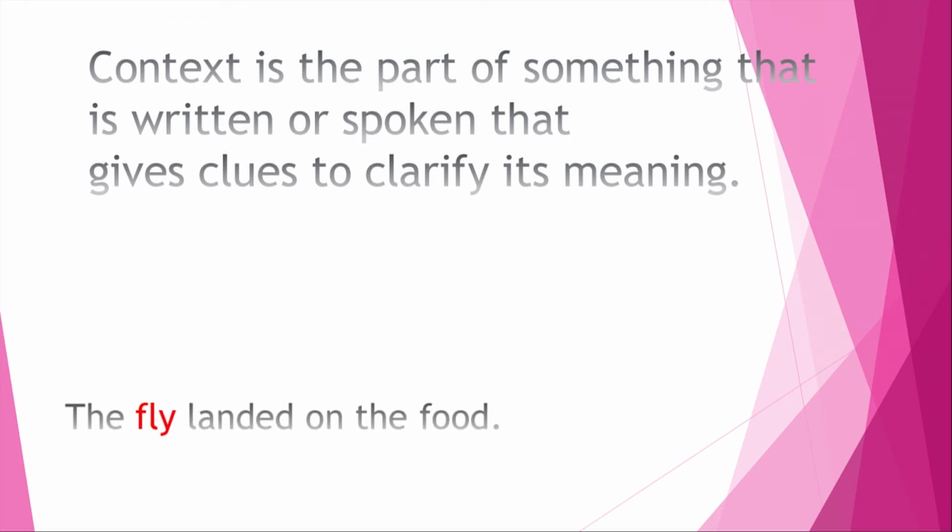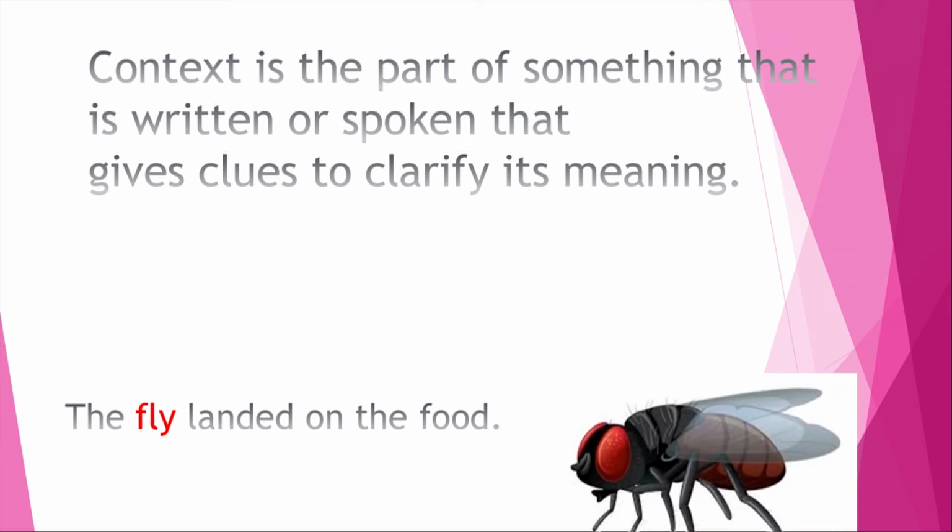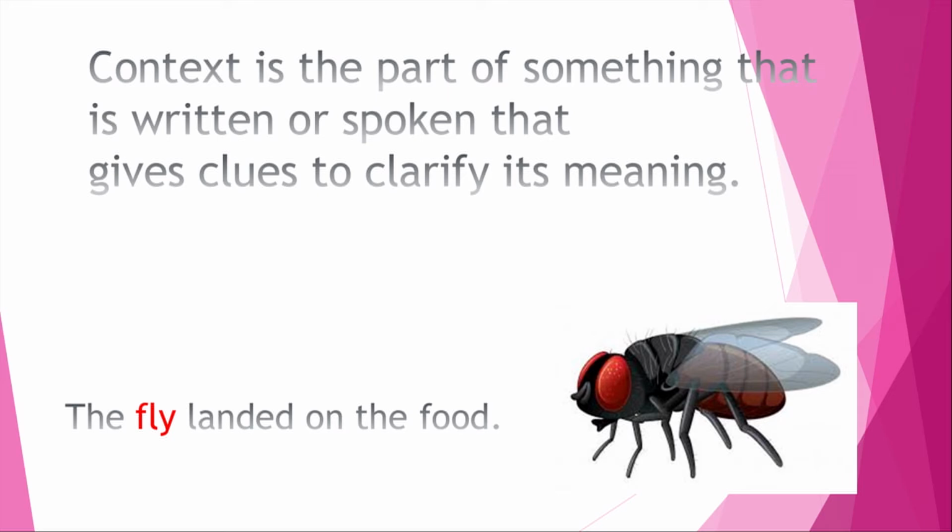Right? So the fly landed on the food. Through context, you can get some hints, some context clues that will let you know which meaning of the word fly I'm talking about. And which meaning do you think that I'm referring to there? Right, so this one would be the insect. Good? So based on context, that's what you would have used to figure out the meaning of that word.